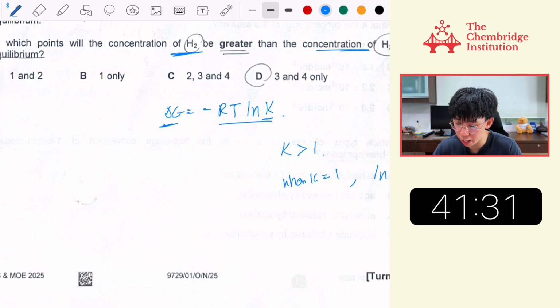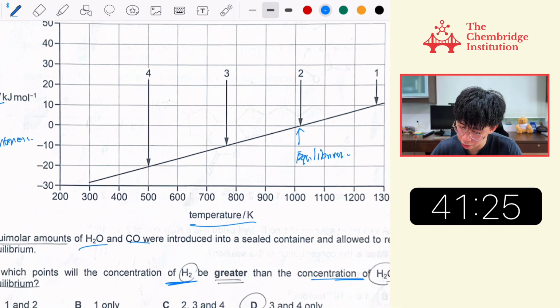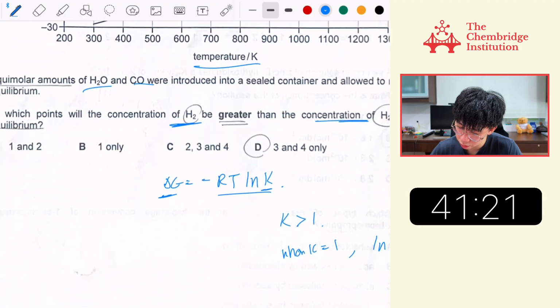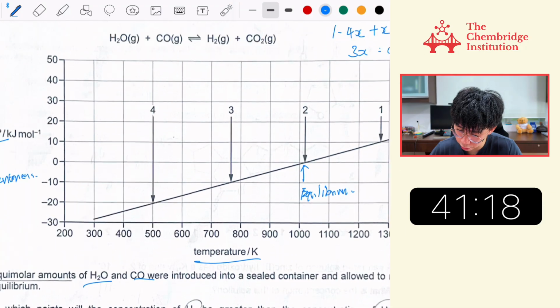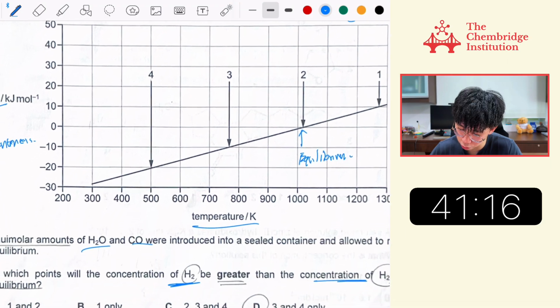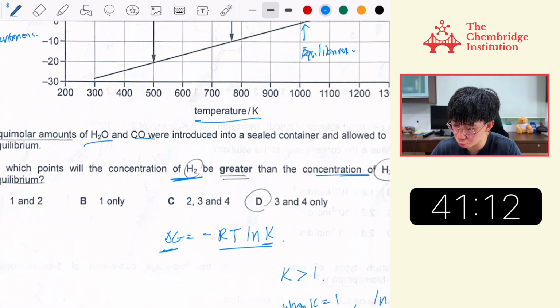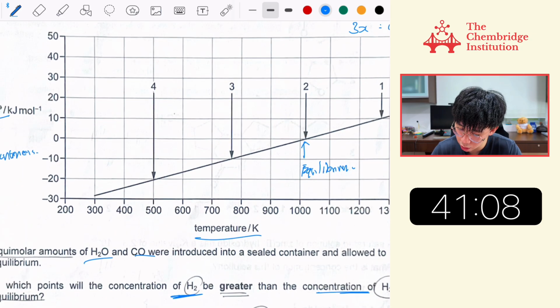So when your K is greater than 1, let's take for example... did they tell us the temperature over here? Oh yeah, they tell us a few temperatures over here. So you probably have to calculate it. It's probably not 2 and 1.